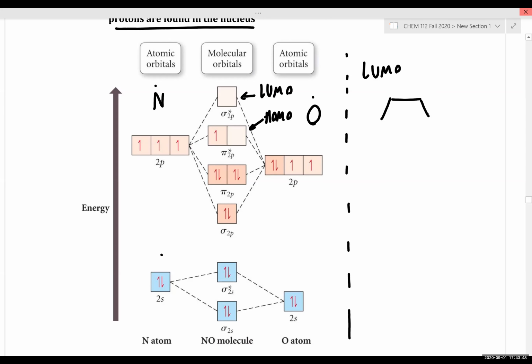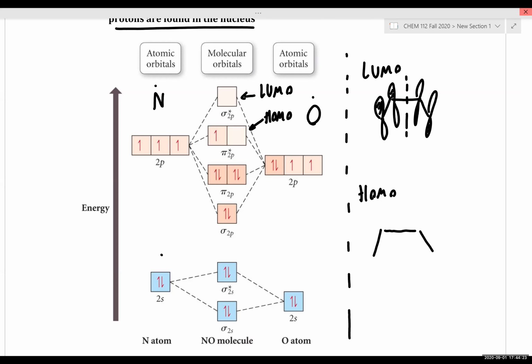If we were looking, for example, at the LUMO and HOMO for a pi system, or a collection of electrons spread across pi bonds in multiple atoms, we can actually draw a picture that describes the LUMO and HOMO molecular orbitals, the distribution of electron density across multiple atoms.